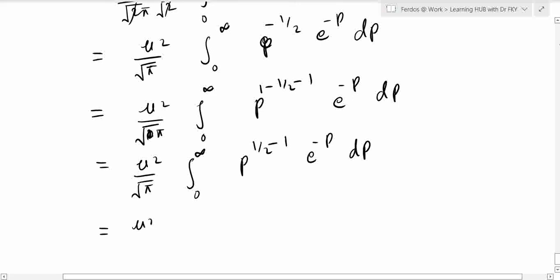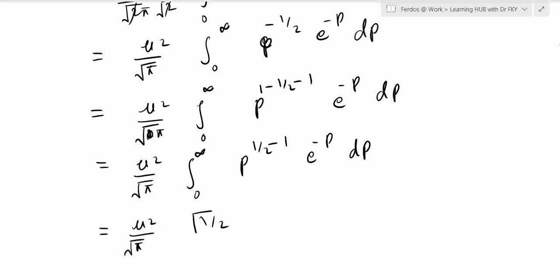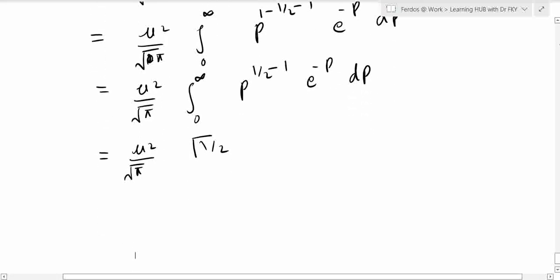Now this is the gamma function which I did earlier, and this is equal to gamma of 1 divided by 2. Now this is equal to mu square divided by pi square root, and gamma of 1 over 2 is pi square root.